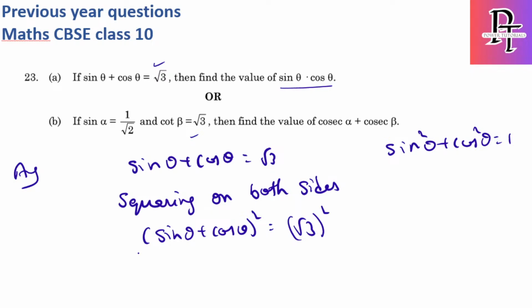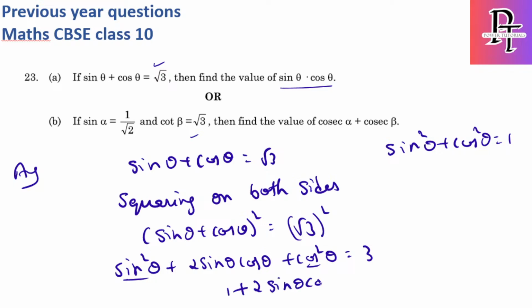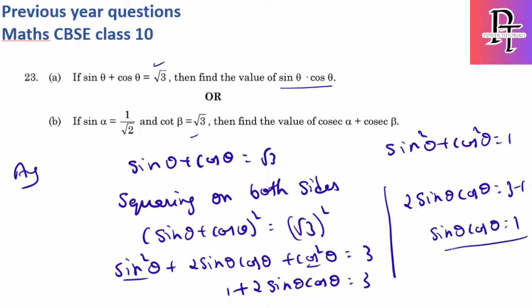Sin square theta plus 2ab, which is 2 sin theta cos theta, plus cos square theta is equal to root 3 whole square, which is 3. What is sin square theta plus cos square theta? We know it is 1. So 1 plus 2 sin theta cos theta is equal to 3. If I move to the other side, we get 2 sin theta cos theta is equal to 3 minus 1. So sin theta cos theta is 2 by 2, which is 1. So the final answer is 1.